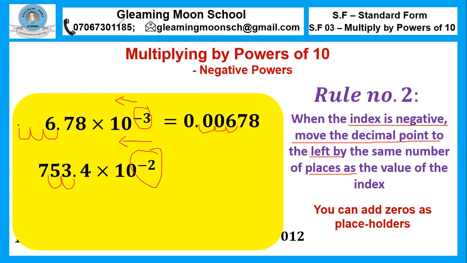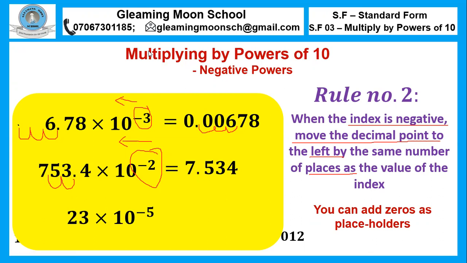In this case, you don't need a 0 placeholder because you have all the digits you need. So that brings your answer to 7.534.